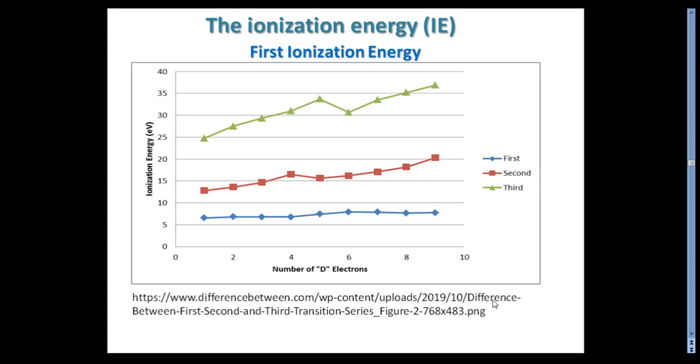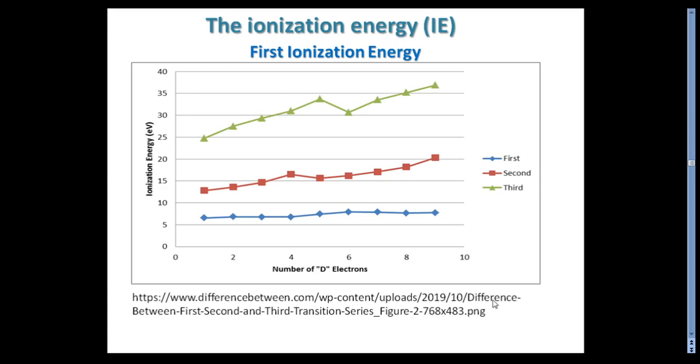When we move along the first transition series from scandium to zinc, the nuclear charge and the number of electrons in the inner d sublevel continuously increase. This increase in the number of electrons in the inner energy level develops a screening effect and shielding effect, and due to this, the outer electron is shielded from the nuclear force of attraction of the nucleus. Are you getting this, students?